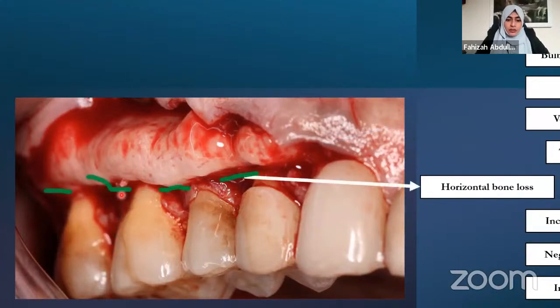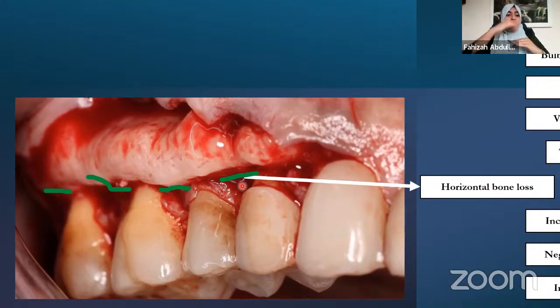Then we have the horizontal bone loss. As you have seen so many cases of horizontal bone loss, along with the resective osseous surgery, we'll have to see how to attain a positive architecture. Horizontal bone loss becomes problematic when the interdental bone comes below the buccal bone.